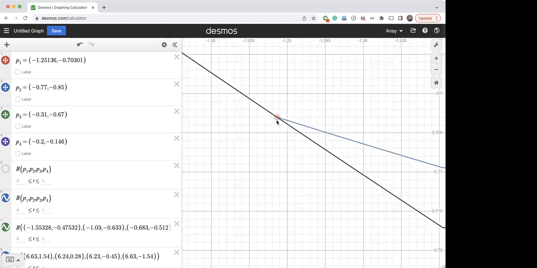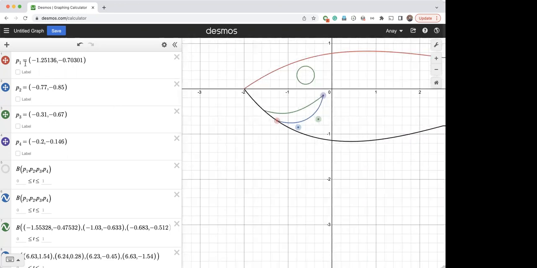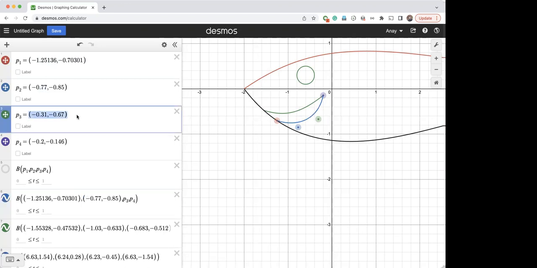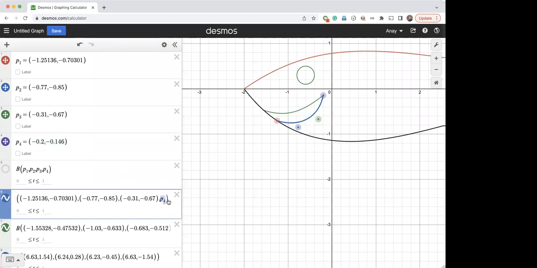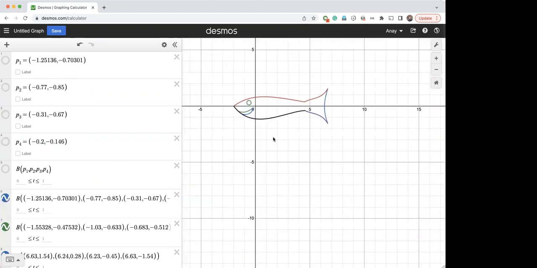There you go. And we replace the values. Right. And then we hide all the points. And now we have a fish.